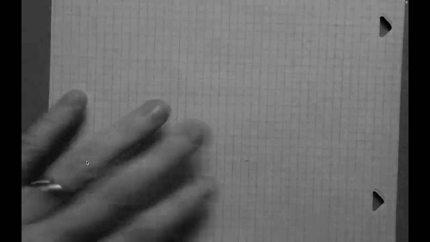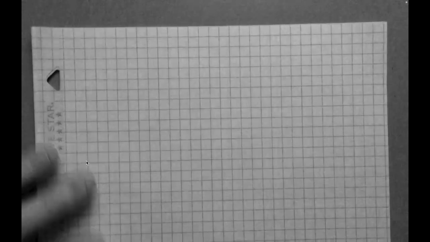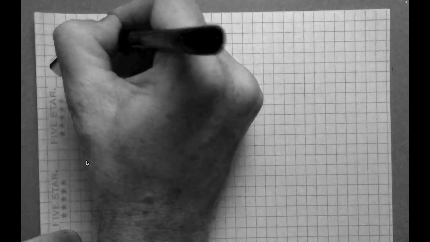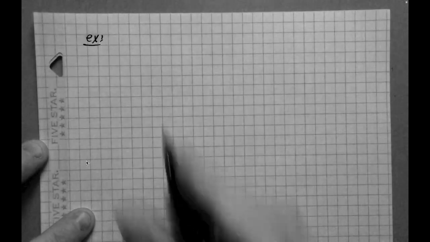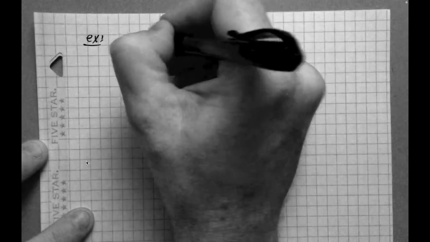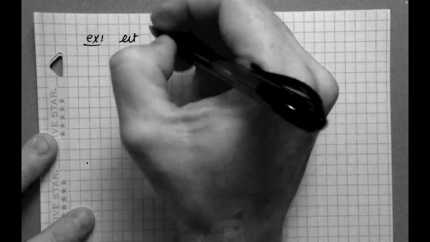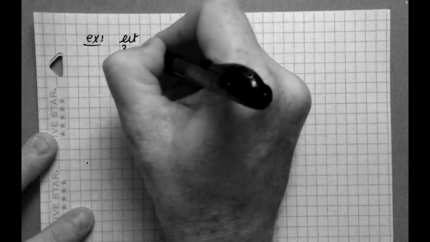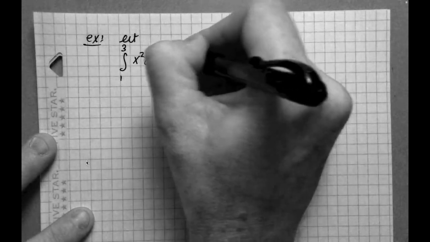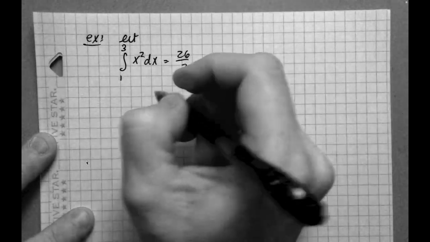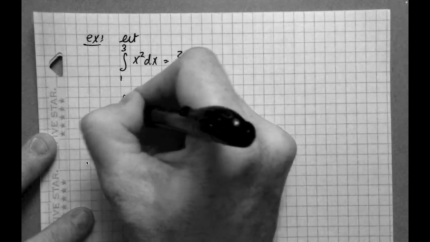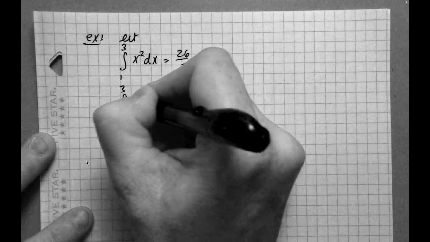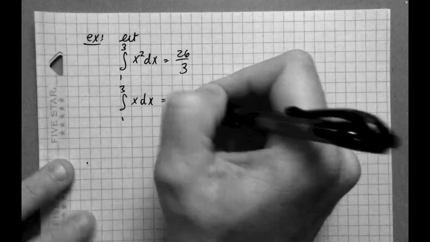So here's an example. A very contrived example, but it gives you the necessary idea. So let's say that the integral from 1 to 3 of x squared dx is 26 over 3. And let's say that the integral from 1 to 3 of x dx is 4.